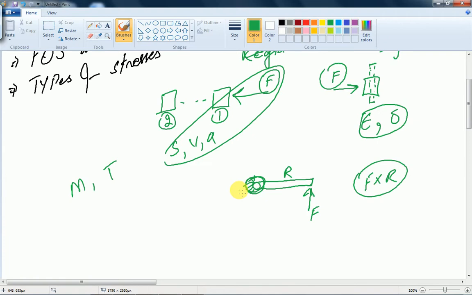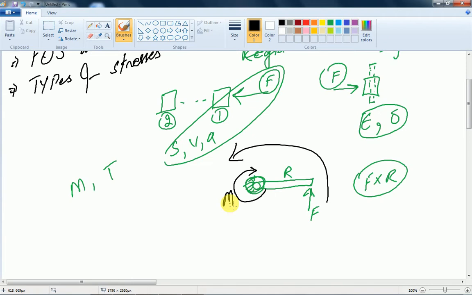So we can relate this resistance as moment. The applied force is trying to rotate the door counterclockwise, while the resistance of this fixed or jammed hinge is trying to rotate it clockwise.